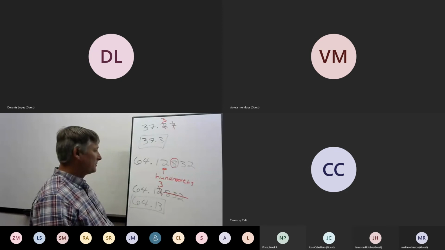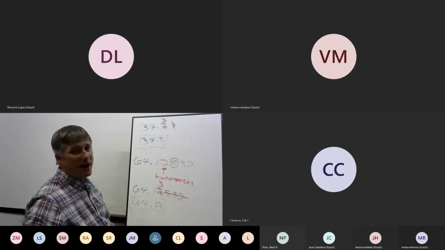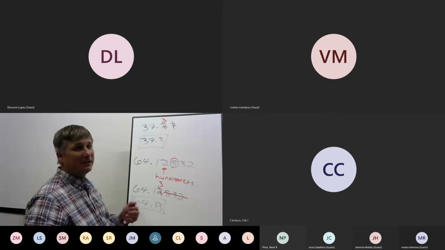Now, what happens if the number to the right is not 5 or greater? Let's say it's less than 5.